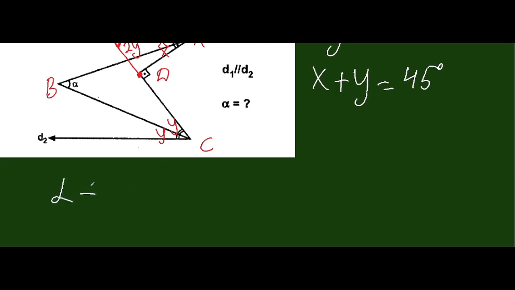The first angle is alpha plus the x angle plus the y angle plus this, which will be 360 minus 90, so it will be 270 degrees.